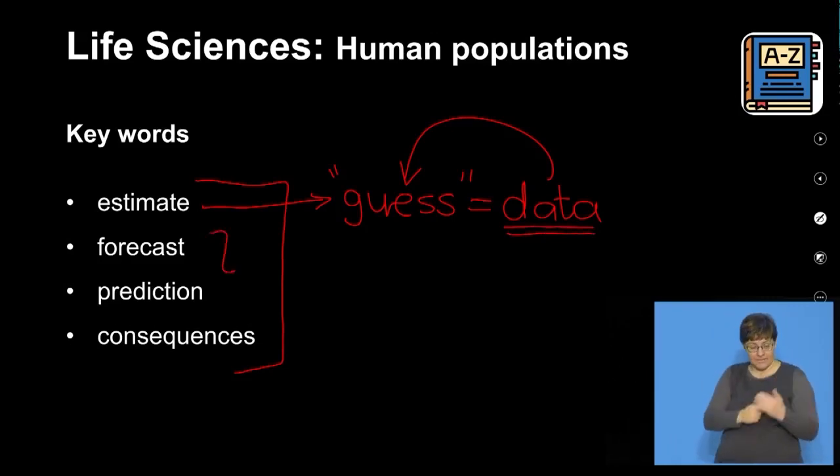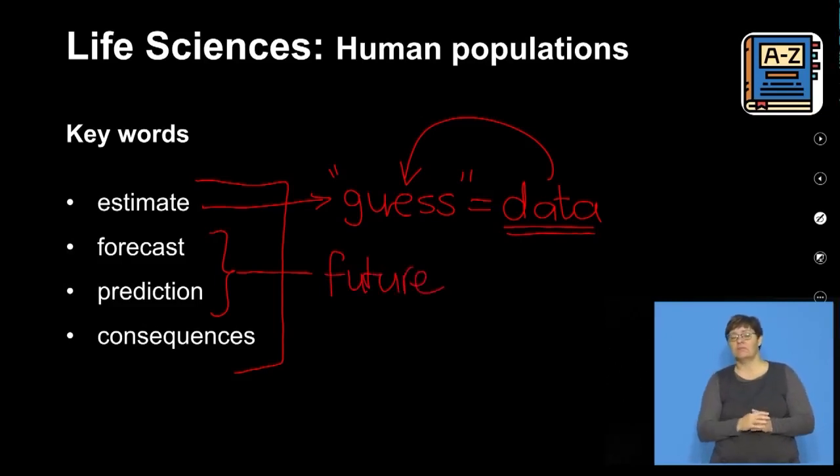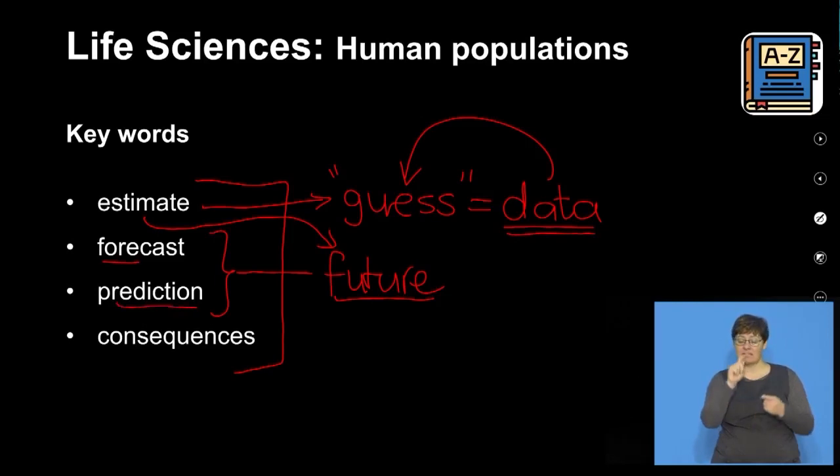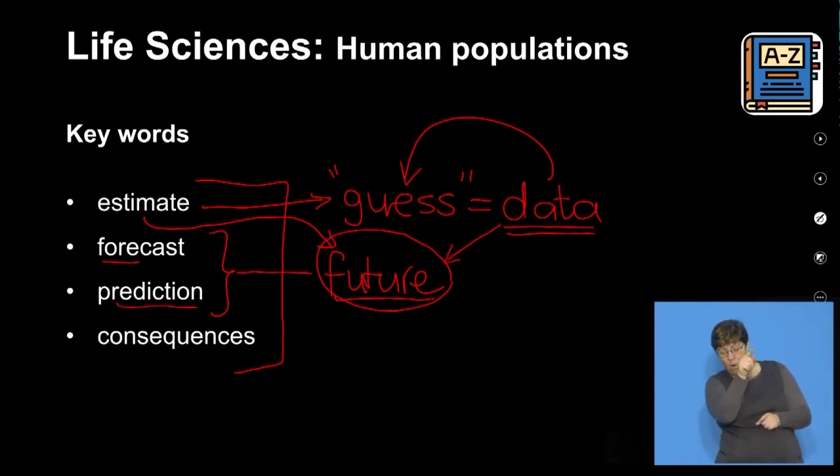A prediction and a forecast are very similar. They are looking at what we estimate will happen in the future. A forecast looks at the future, and a prediction is something that we state, given the current data, the future will look like.